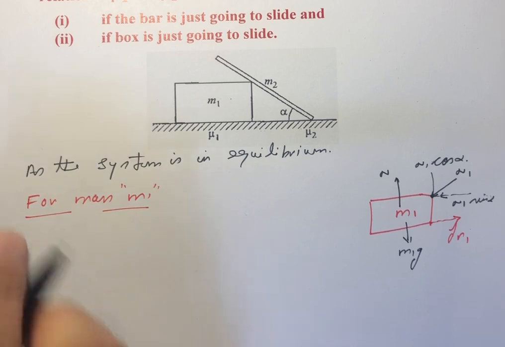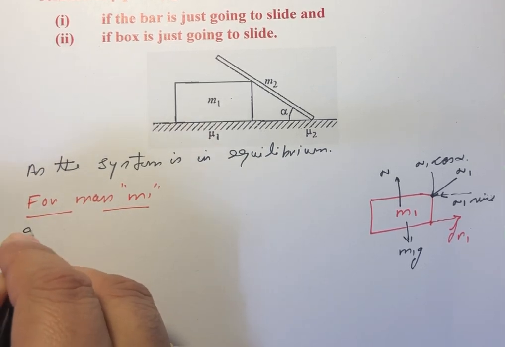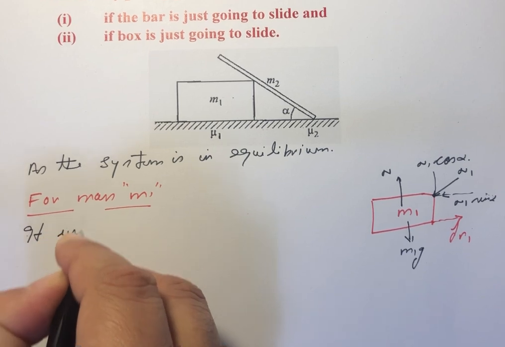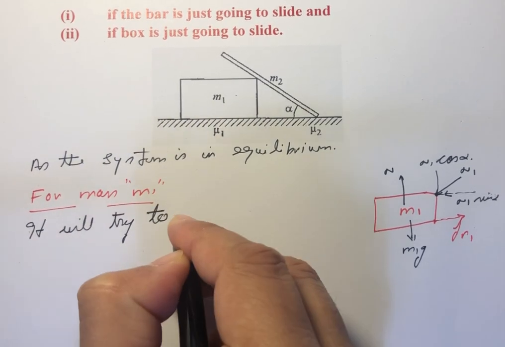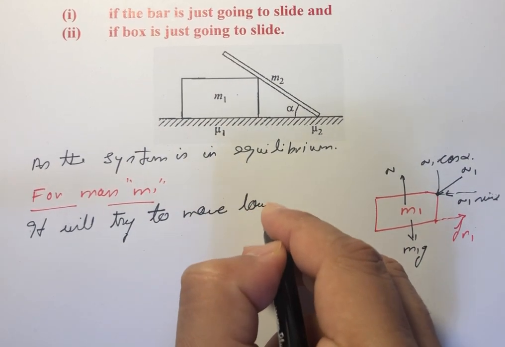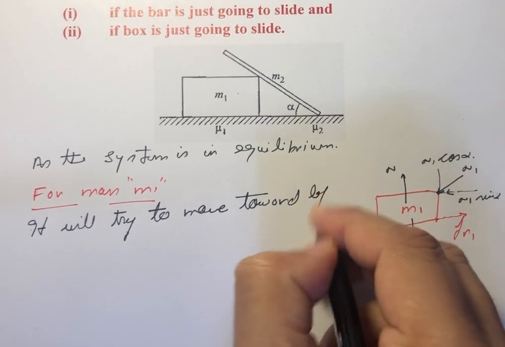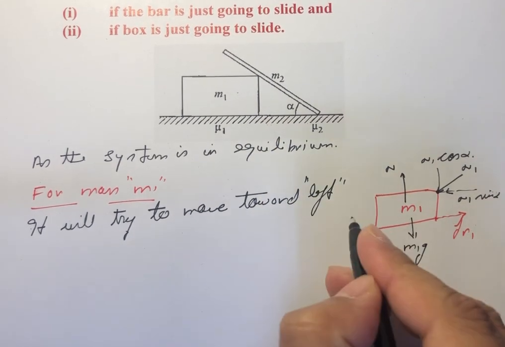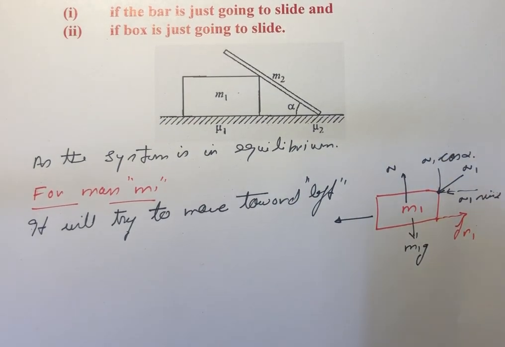It will try to move towards left, so Fr1 will be acting in the opposite direction.